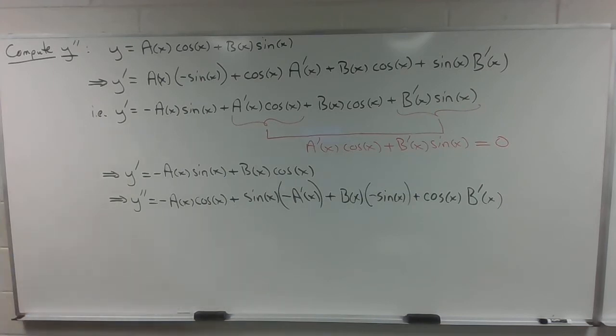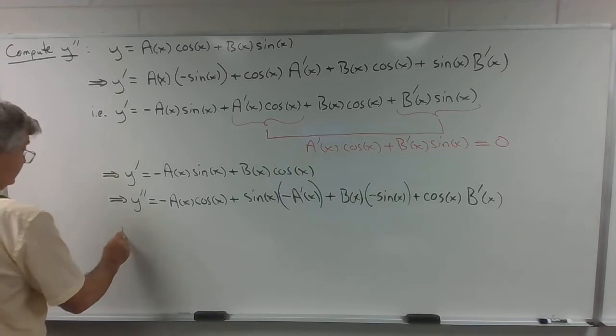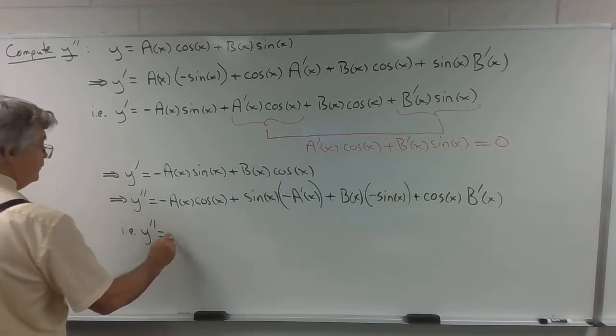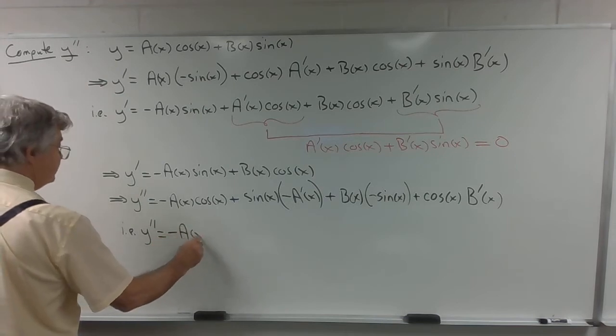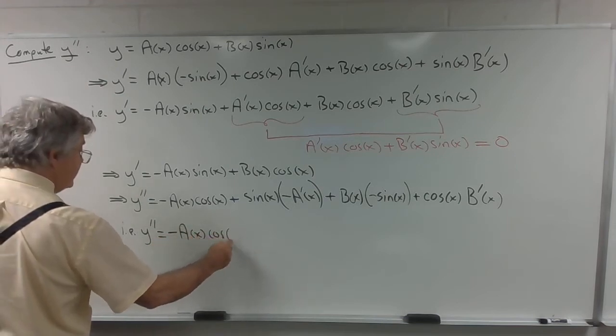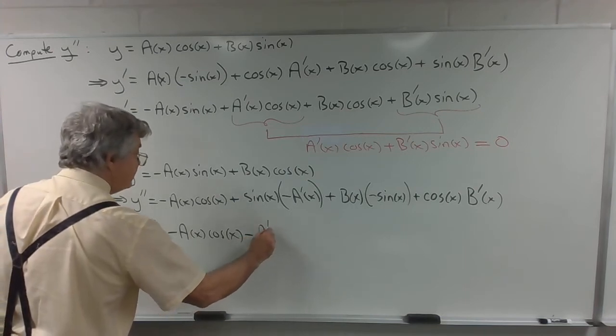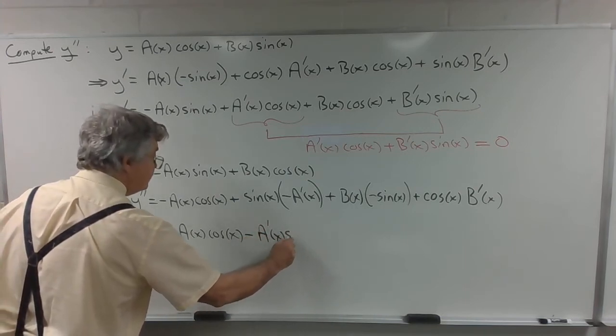And I'll put all my a's and b's up front. So negative a of x cosine of x minus a prime of x sine of x.